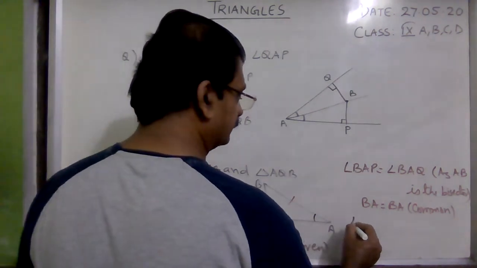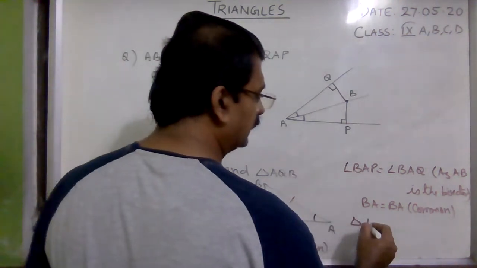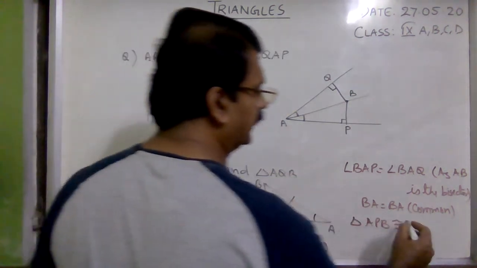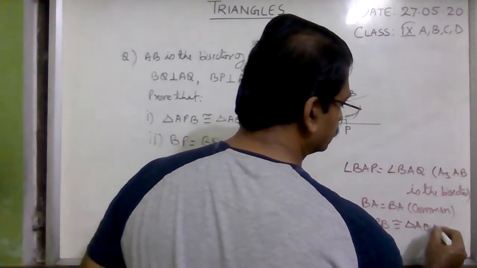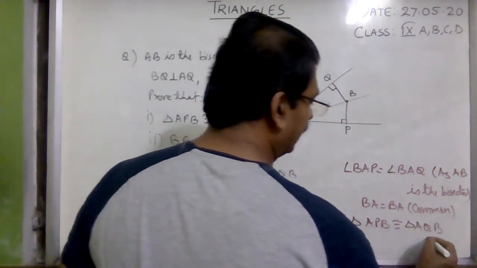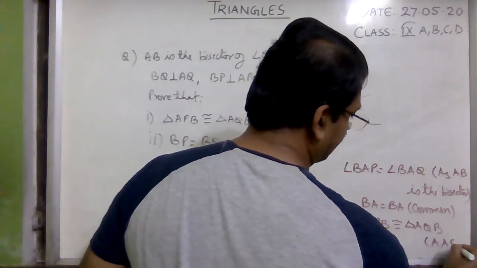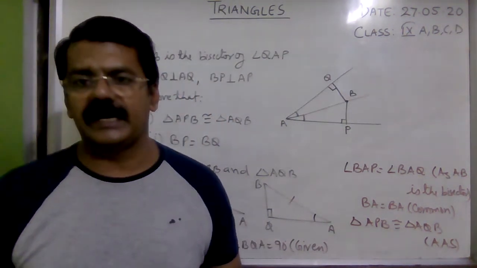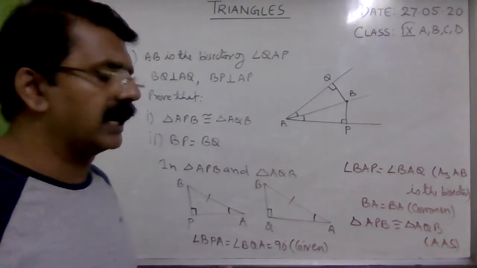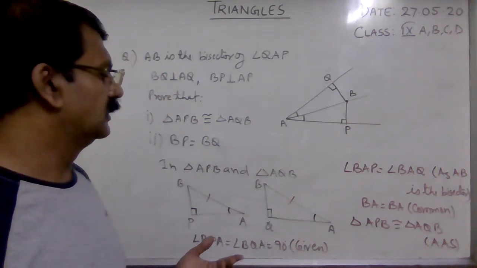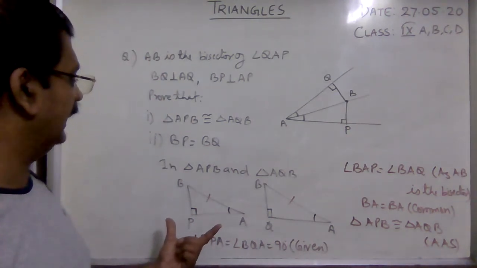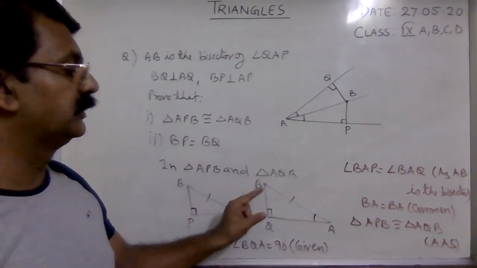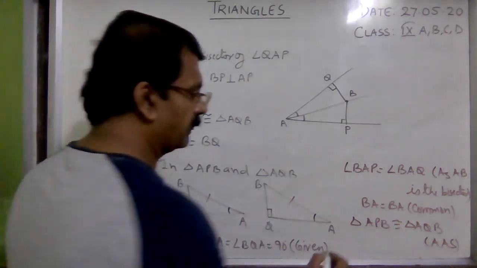So triangle APB is congruent to triangle AQB by AAS congruency. And as the two triangles are congruent, we can say that the other part, BP is equal to BQ, by CPCT.